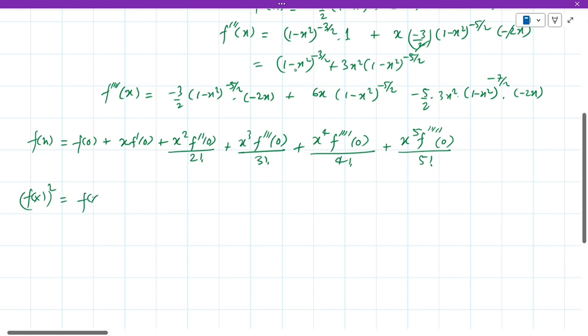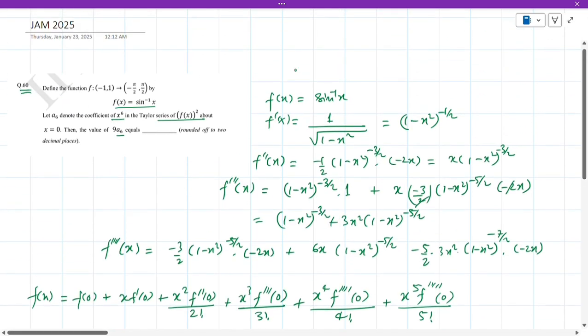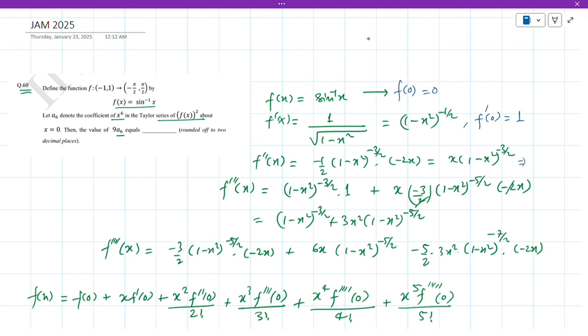So f of 0 is what? We can find the value of f of 0. Here we get f of 0 as 0. Here we get f dash 0 as 1. Here we get f double dash 0 as 0. Here we get f triple dash 0 as 1.